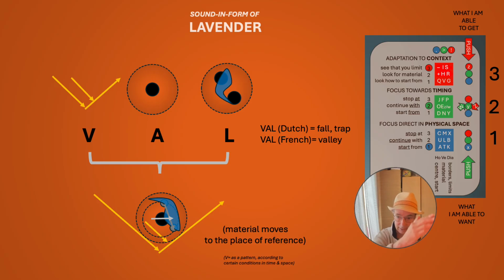And valley is of course this movement where all the things will fit into it as a pattern as well, because the V will be used as a pattern that has certain conditions where all the material has to adapt to. There's no other way.